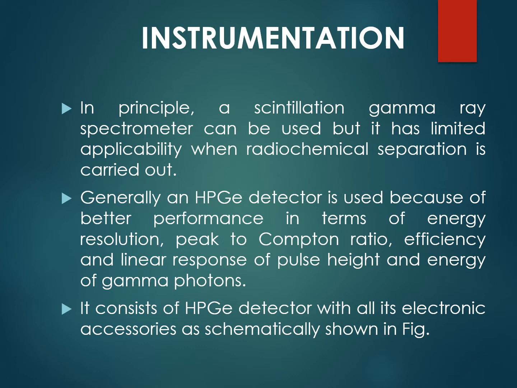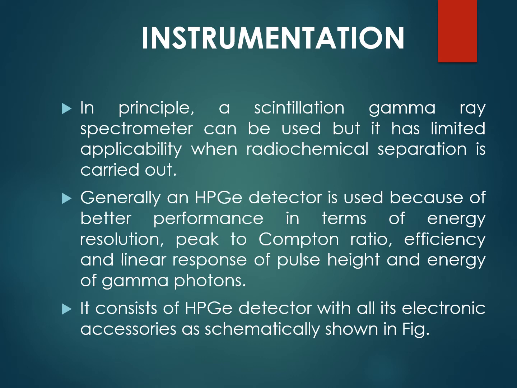The next step involved in the instrumentation of neutron activation analysis is that the gamma ray spectrophotometer can be used, but it has limited applicability when radiochemical separation is carried out. The gamma spectrometer is used for the determination of gamma rays, or to determine the penetrating power of those gamma rays that are being radiated.